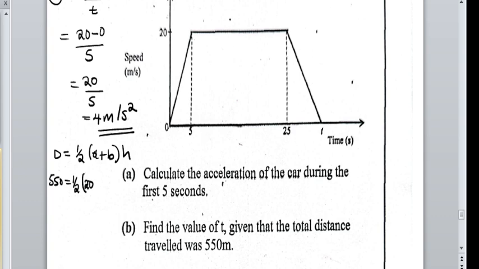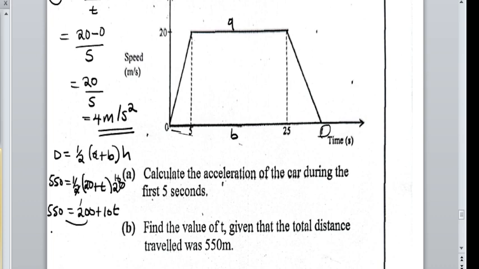So this part will be my a, this one will be my b, from there all the way up to there. Now this one I don't know because the final is t. So I'll say plus t. Then the height from there to there is 20. So I'll say 550. Then 2 into 2 is 1, 2 into 20 is 10. 10 multiplied by 20 is 200, 10 multiplied by t is 10t.